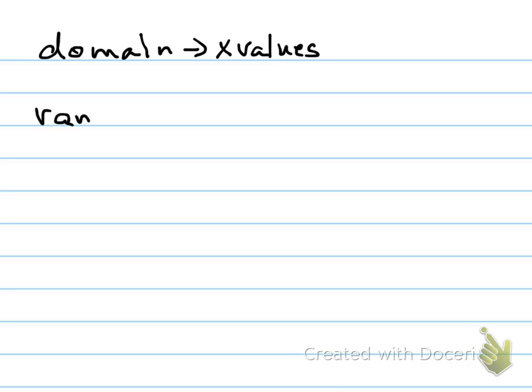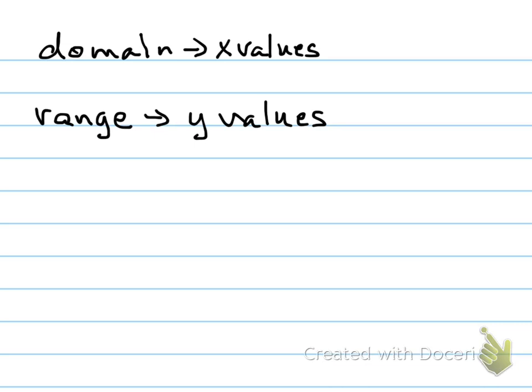Now we know that the word domain always refers to the x values. Well, the y values also have a name, and the name for the y values is called the range. And again, finding the domain and range is very simple if they give you a list of points, and then they're also going to ask you, is the relation a function?